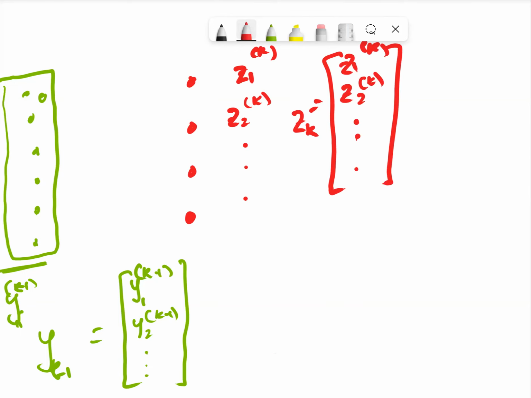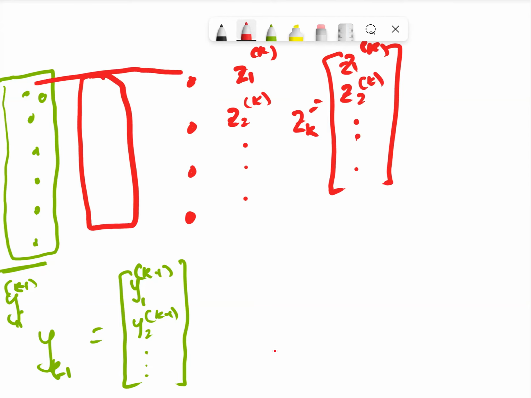Once I write these, the things I have to describe are the weights. We know that this term over here can be obtained from all of these and a set of weights.